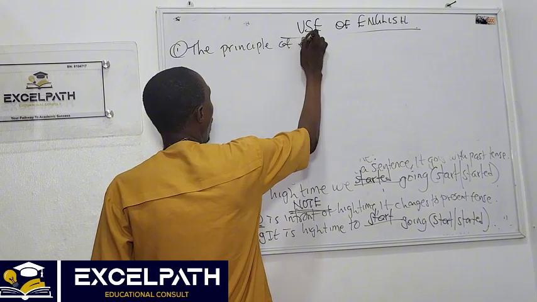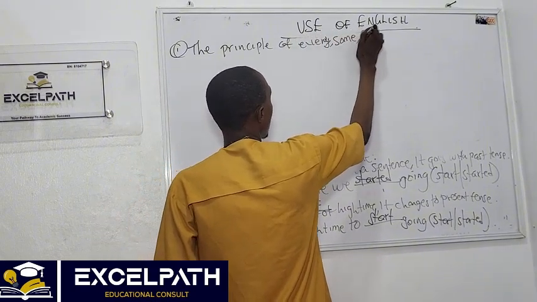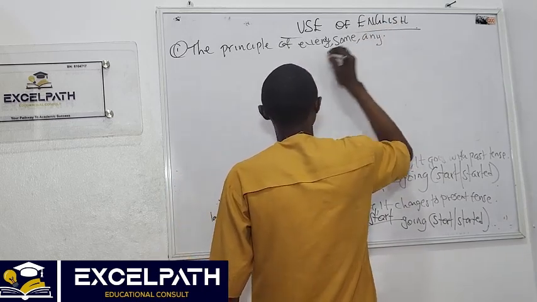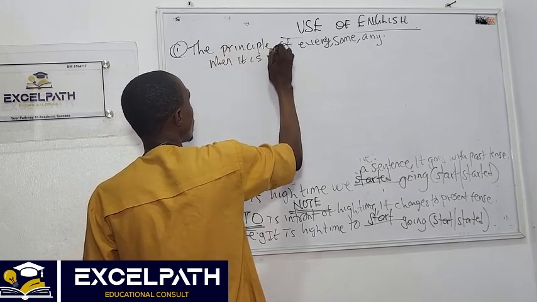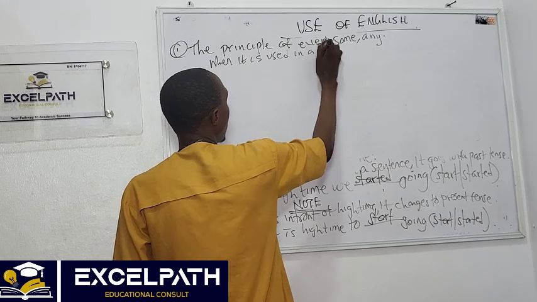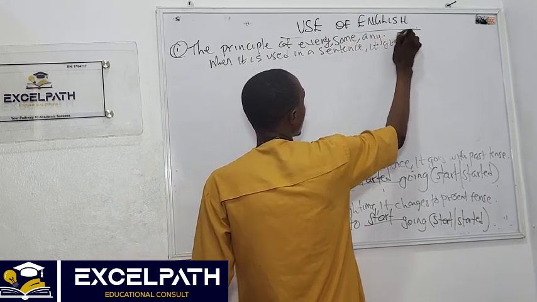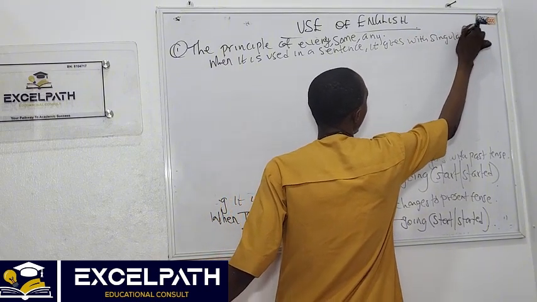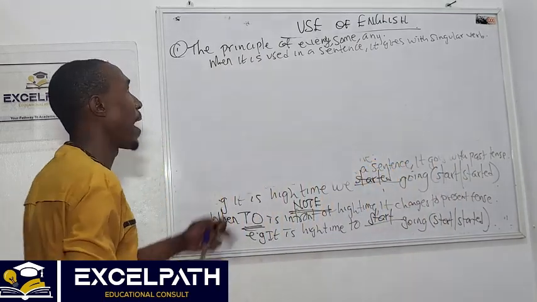That's number 4. Let me give one more principle. The principle of every, some, any. When it is used in a sentence, it goes with singular verb. It goes with what? Singular verb. What do you mean by every?